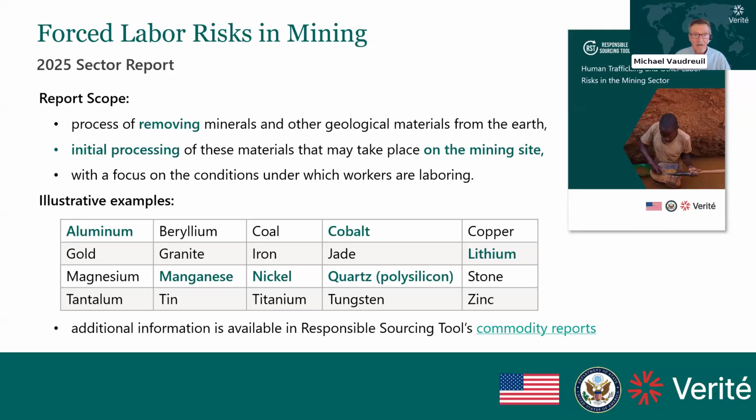As Sean mentioned, there are 6 new commodity reports for critical metals. Those are highlighted here in green. You can see that's cobalt, aluminum, manganese, nickel, and quartz or polysilicon, which of course is of great interest for solar power.